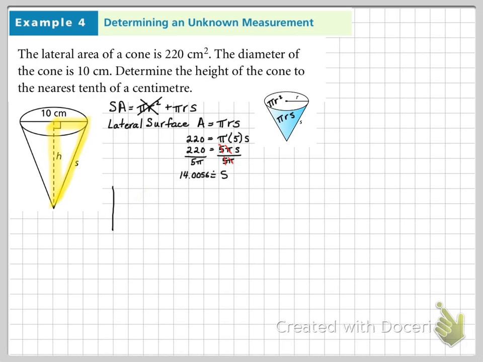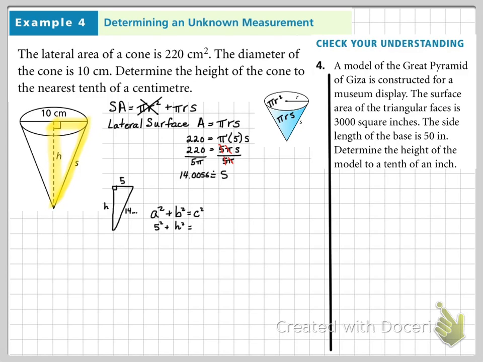I can take my slant height and use the Pythagorean theorem using the yellow triangle. I want to find h, knowing that 14.0056 down the side, or 14, and 5 gives me a squared plus b squared equals c squared. Notice the hypotenuse is 14, so I've got to make sure I put them in the right spot. 5 squared plus h squared is going to be 14 squared.